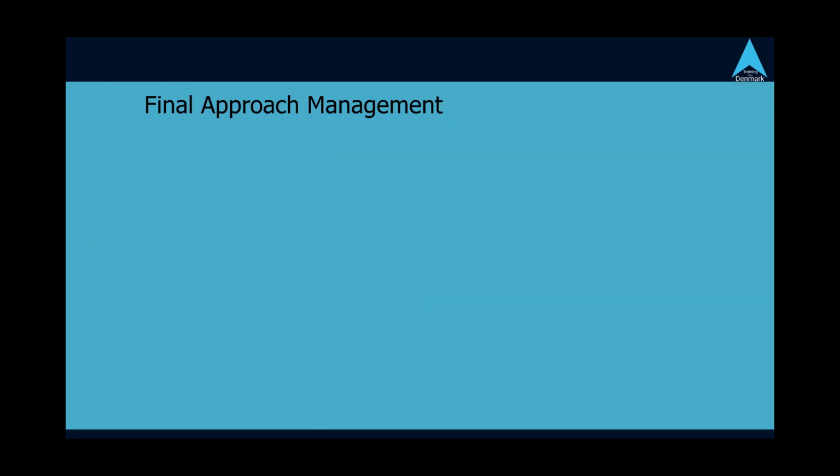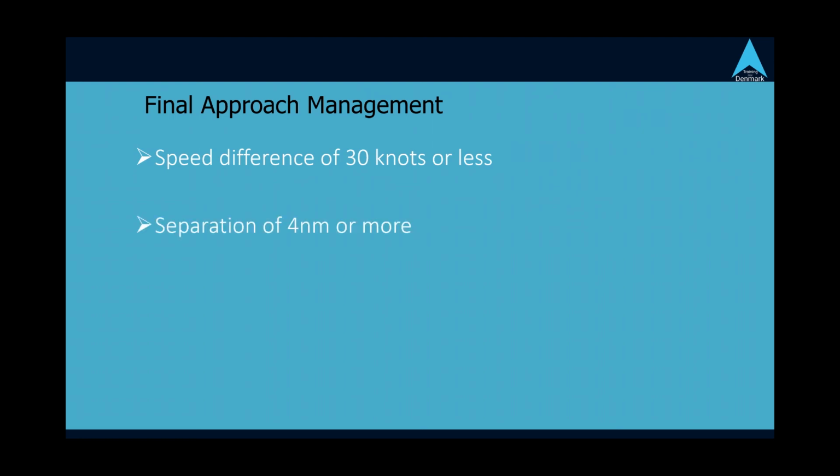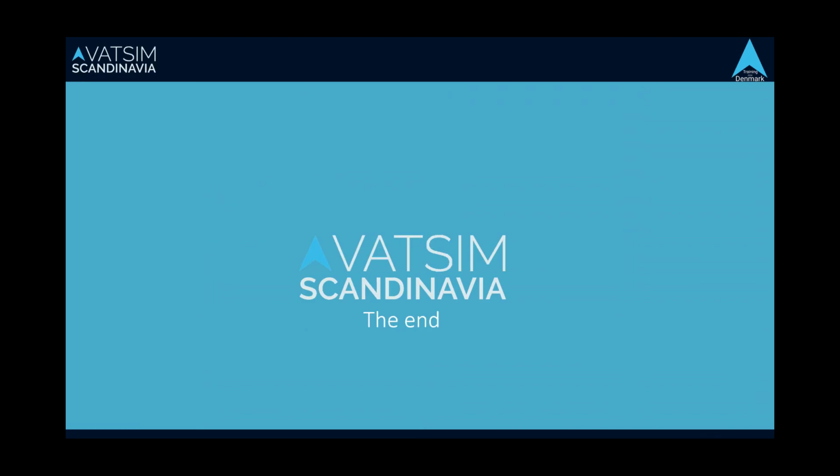So once you are giving speed differences, don't panic as long as speed differences are 30 knots or less, or if the separation is 4 nautical miles or more. Remember, minimum separation is 3 nautical miles, and when you're in the tower control airspace, in Delta airspace, he can put it down to 2, but yours, of course, is 3. Thank you for paying attention.